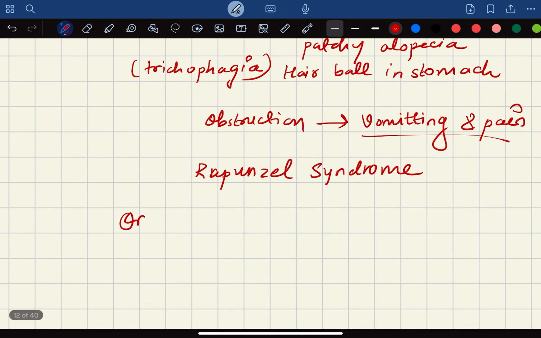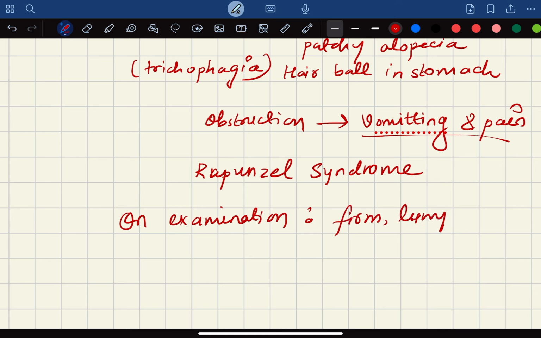On examination, we can feel a firm lump in the epigastrium which is mobile and shows indentation.